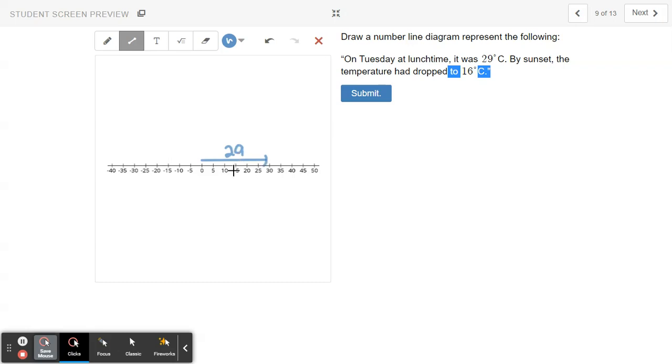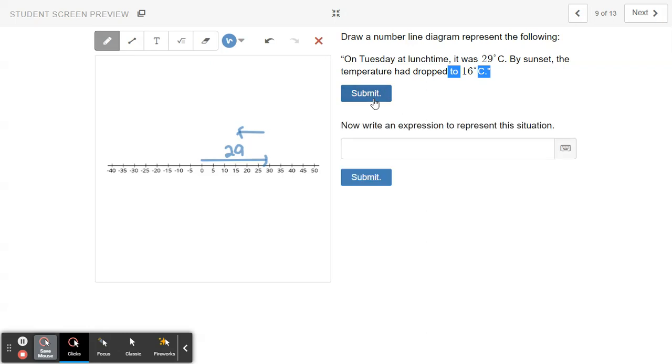So I'm finding that that's probably about here. It's between 15 and 20, slightly after 15. So I know now it went backwards, it dropped, and it ended at 16 degrees. So now this is showing this, right? We started at 29, we went back and ended at 16.